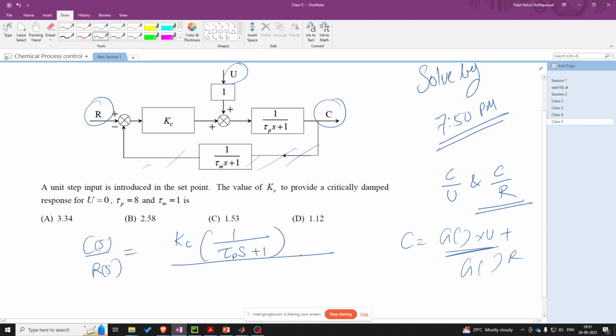And in the denominator, we will write 1 plus the closed loop transfer function, that is the product of each of these three blocks, that is Kc into 1 upon tau Ps plus 1 into 1 upon tau Ms plus 1.